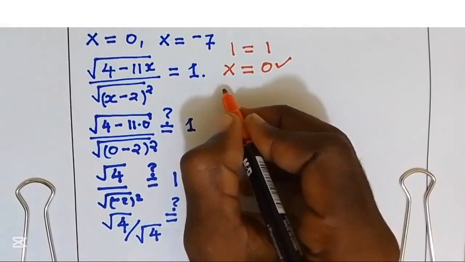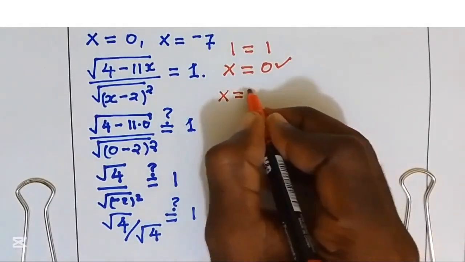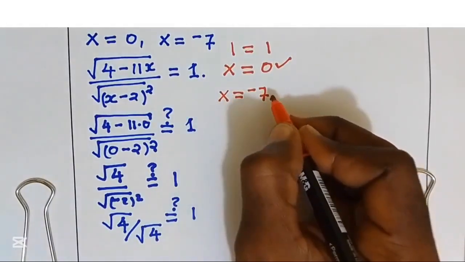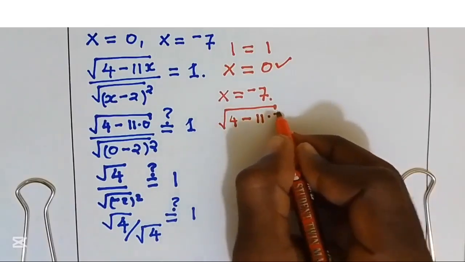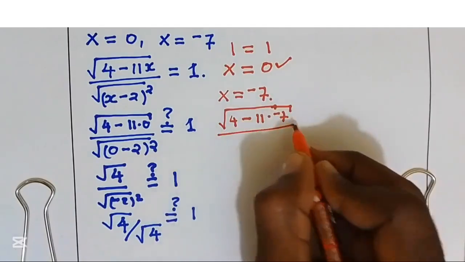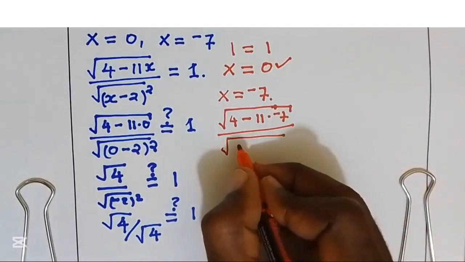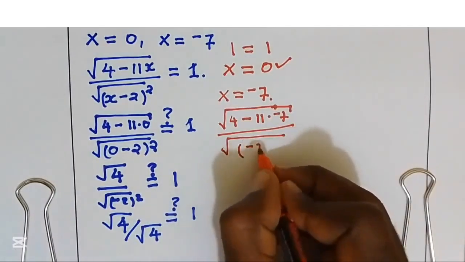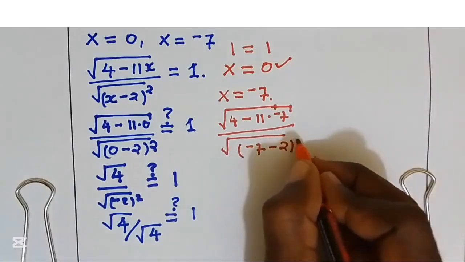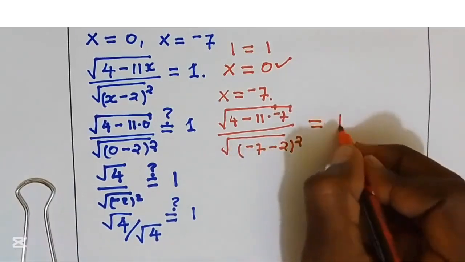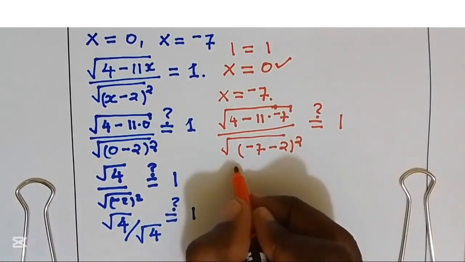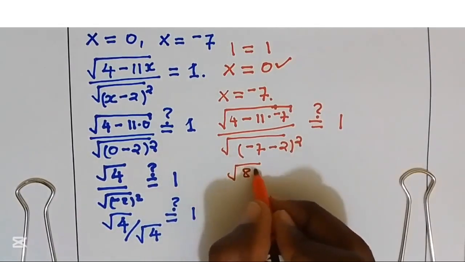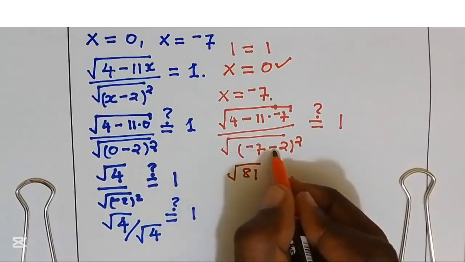Let us check when x is equal to minus 7. Square root of 4 minus 11 multiplied by minus 7 over square root of (minus 7 minus 2) squared. Is this equal to 1? This is equal to the square root of 81 over, minus 7 minus 2, we get minus 9.